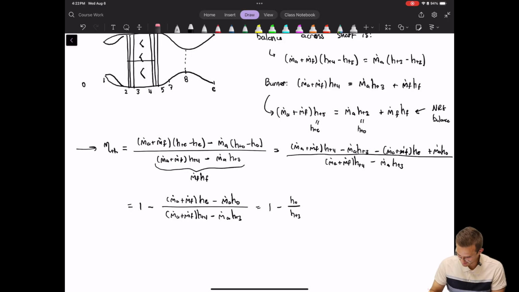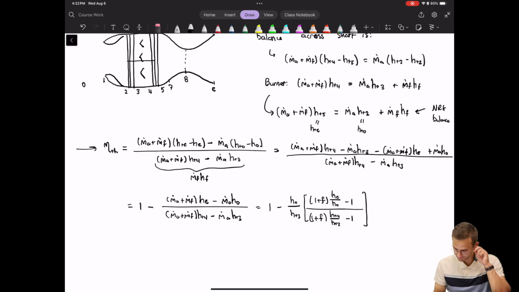Okay, and then we have 1 plus F, HE over H naught, minus 1, over 1 plus F, HT4 over HT3, minus 1. Okay, so we pulled out the mass flow rate of air times HT3 on the bottom and then times H naught on the top.